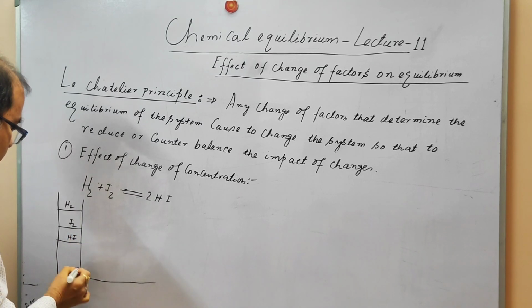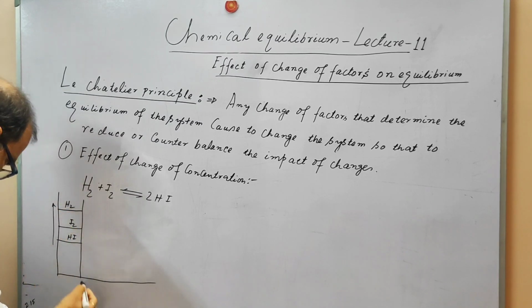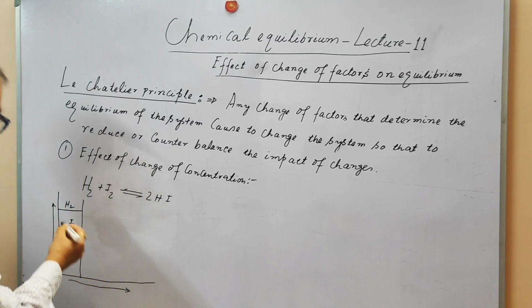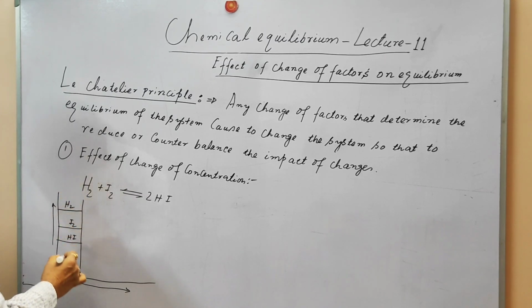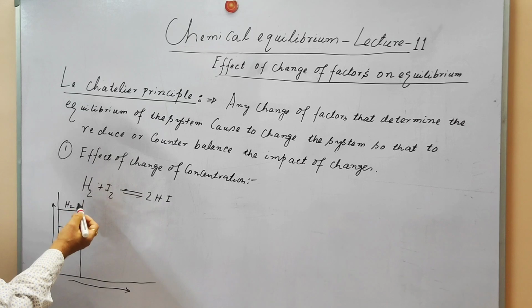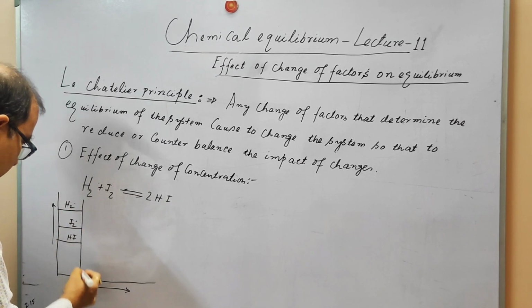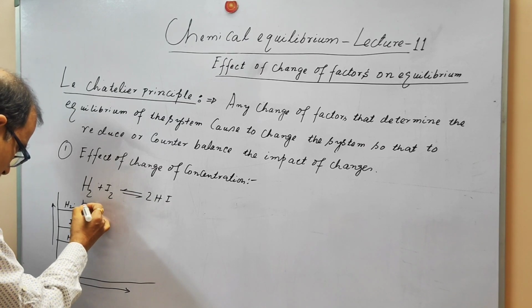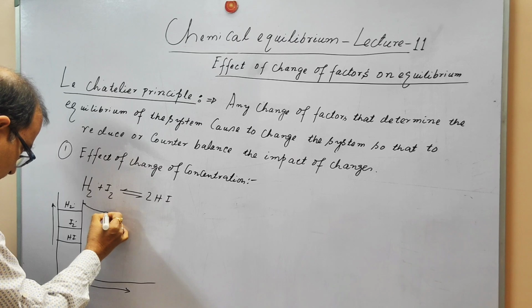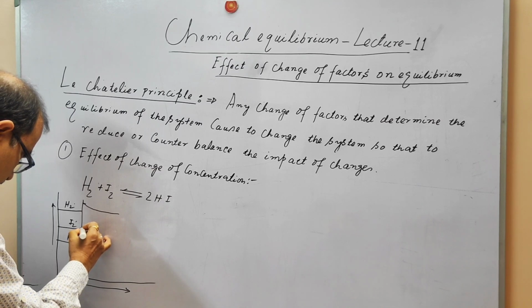The y-axis is concentration and this is the time axis. It is in equilibrium, and you can see the concentrations of hydrogen, iodine and HI are constant. Suppose at this point we add some hydrogen. What is going to happen? The equilibrium will be disturbed and more iodine will be consumed.